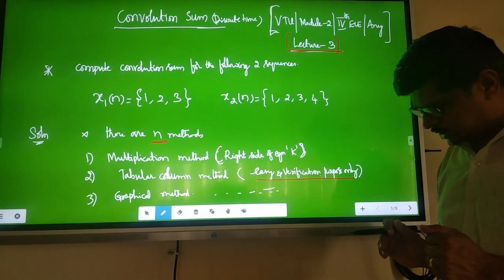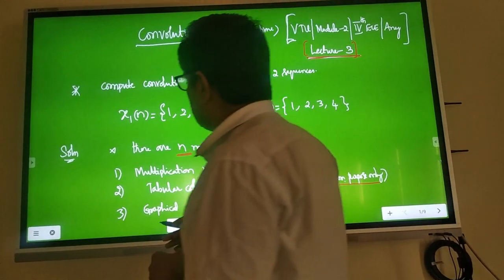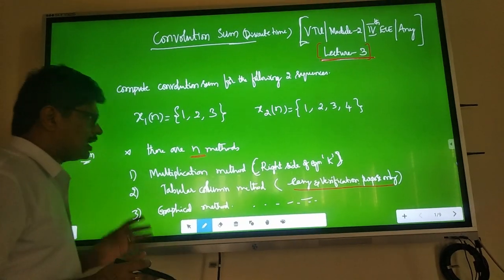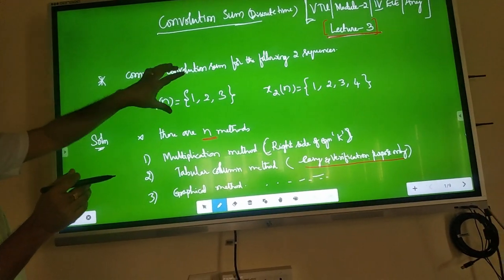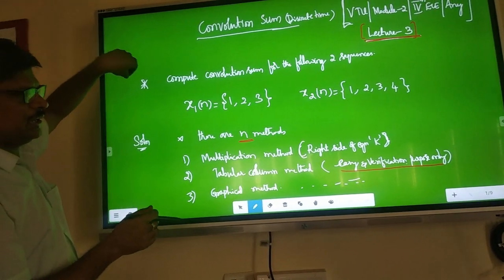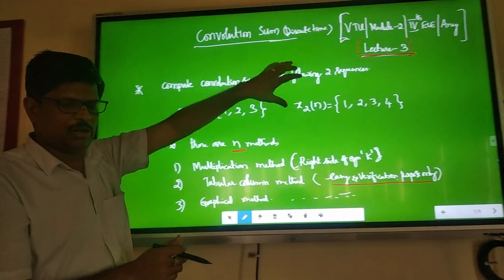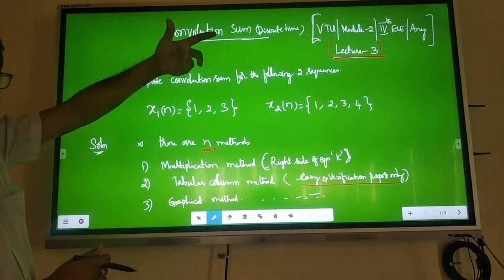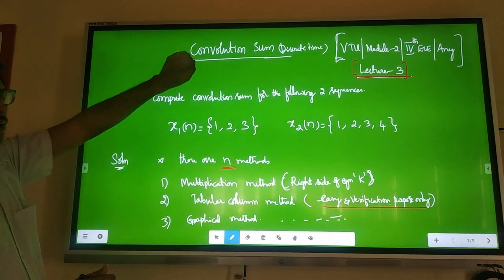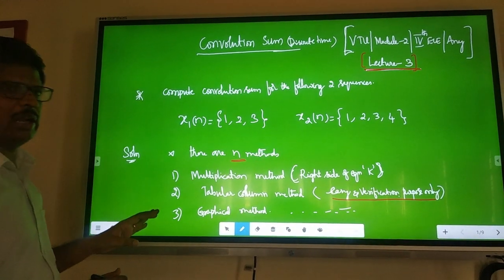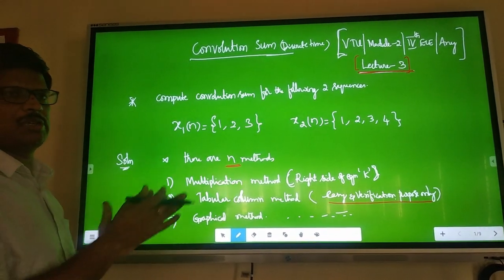In my previous sessions, we discussed LTI systems, how exactly a linear time invariant system is represented with X of n as input and Y of n at the output. We know that X of n and Y of n are expressed in terms of shifted impulses.